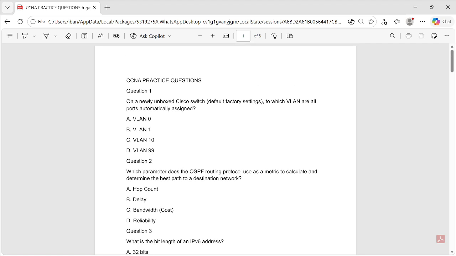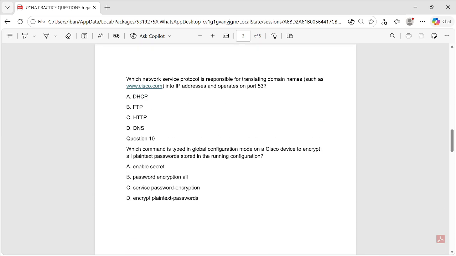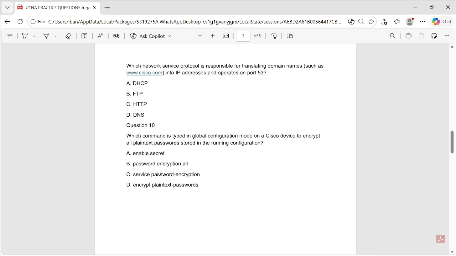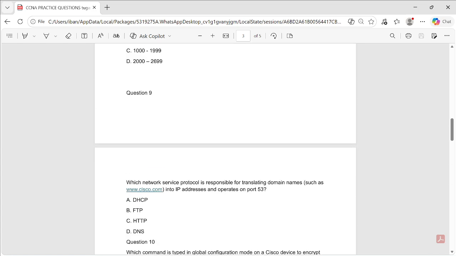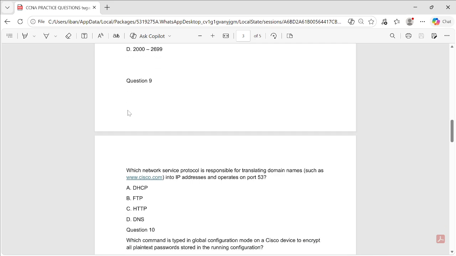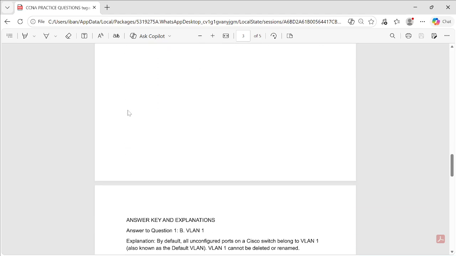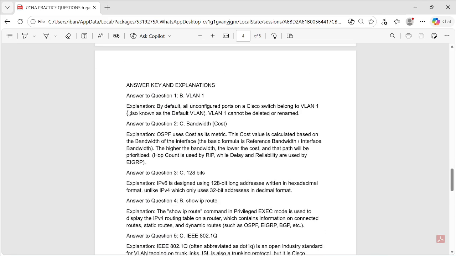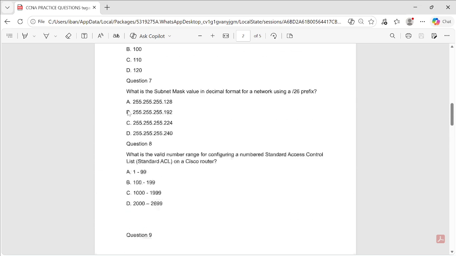This is the question, and there are options A, B, C, D. The upper part has the question and the lower part has the answer key and explanation.